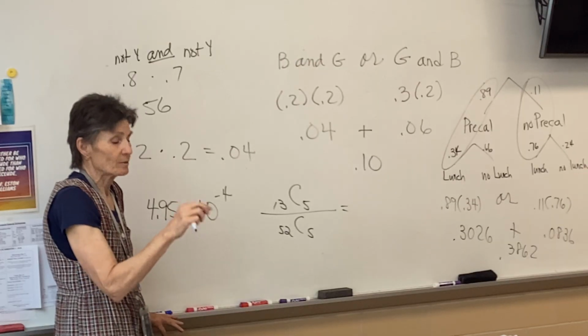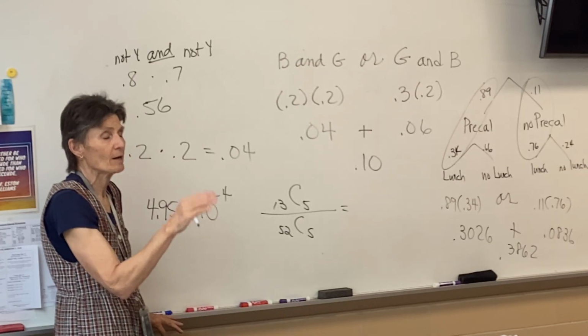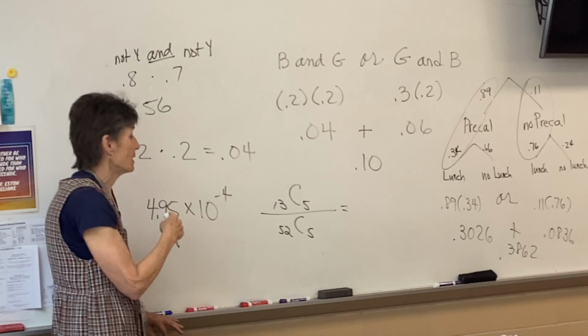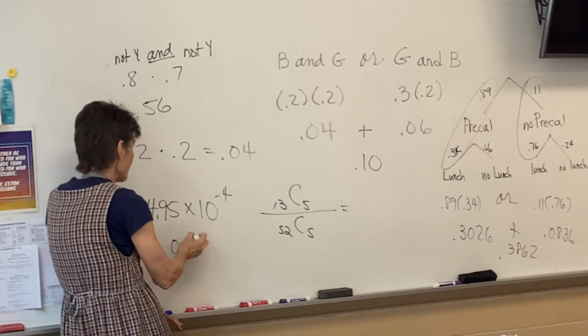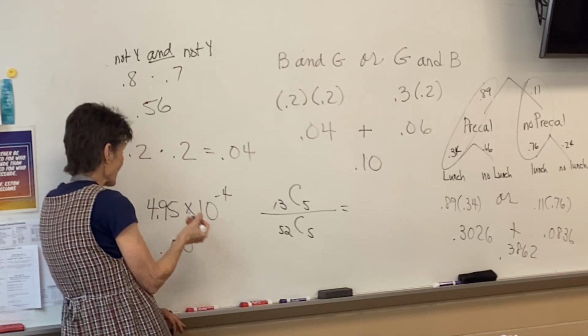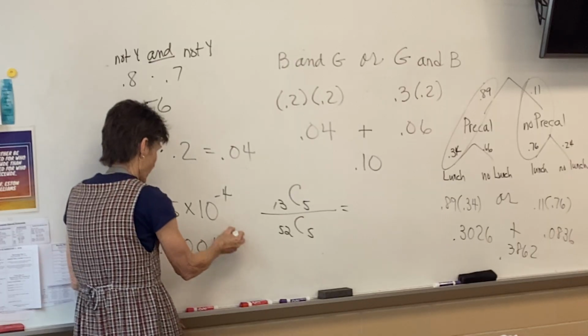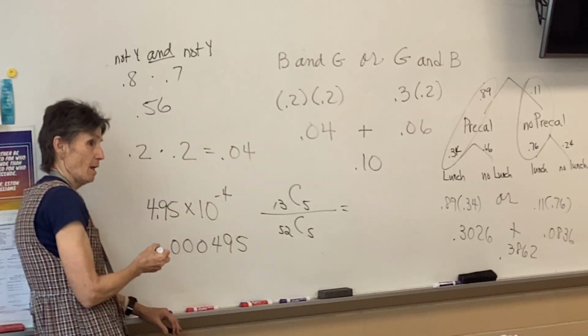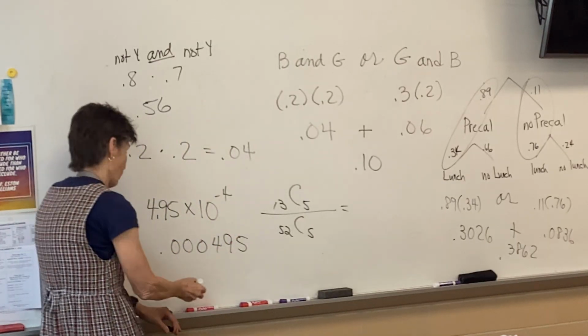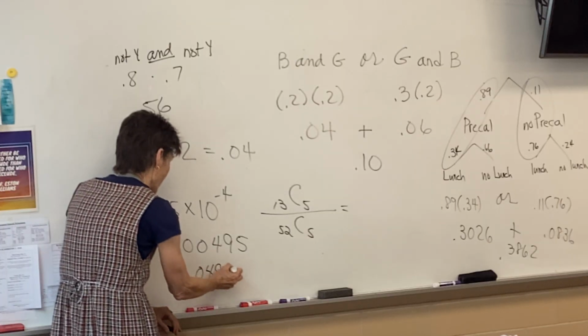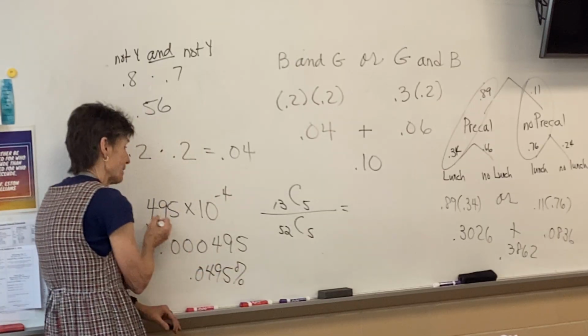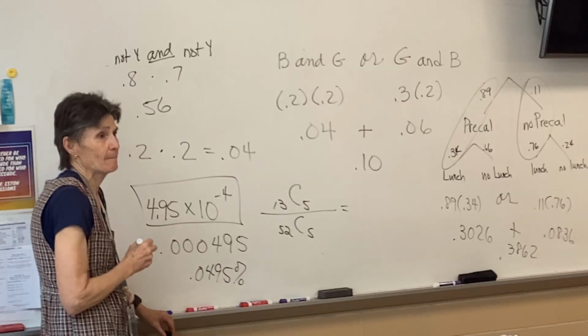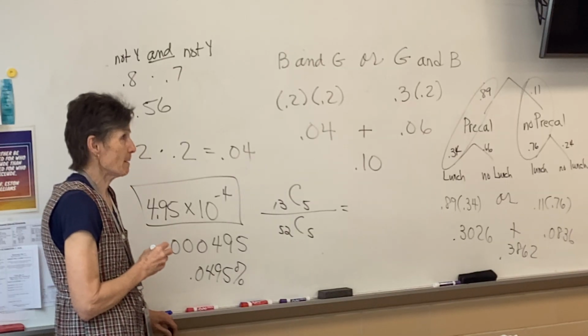I put some weird directions in there, but I'm okay with that answer. That decimal, if you wanted to change it, would be .00495. That percent would be .0495%. You don't need to worry about that. This is absolutely fine.